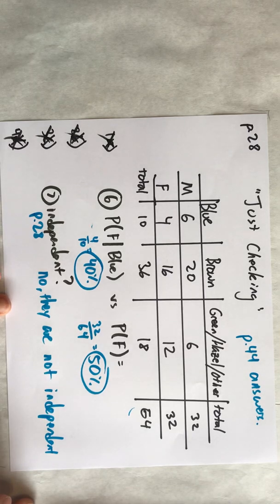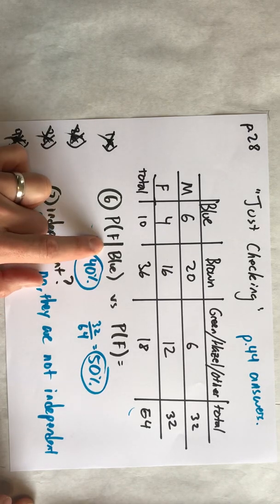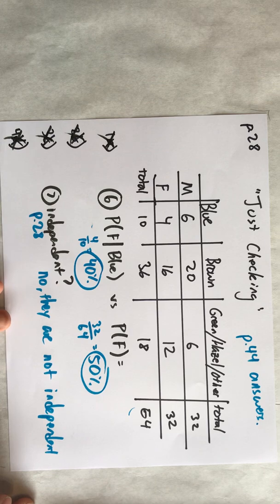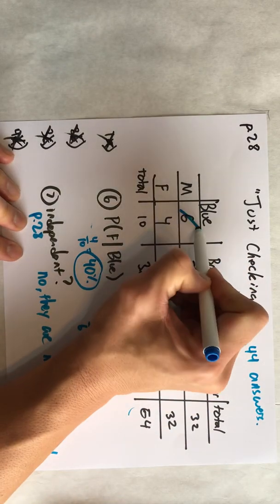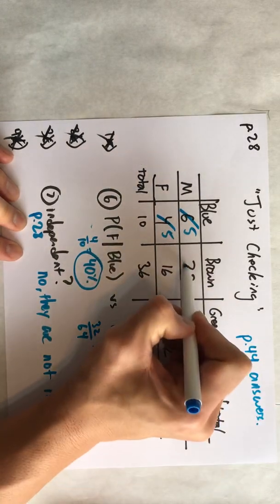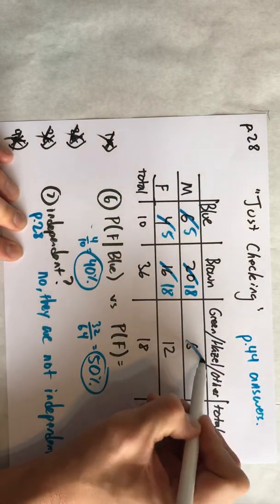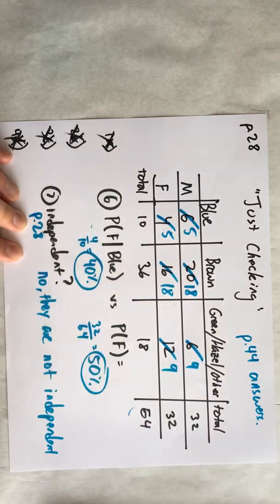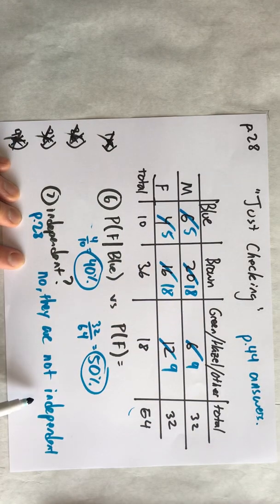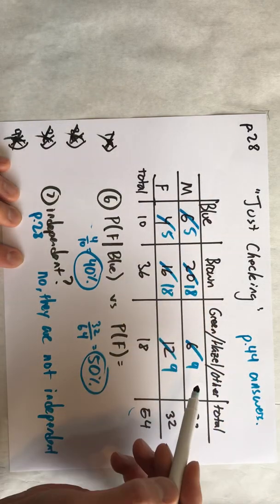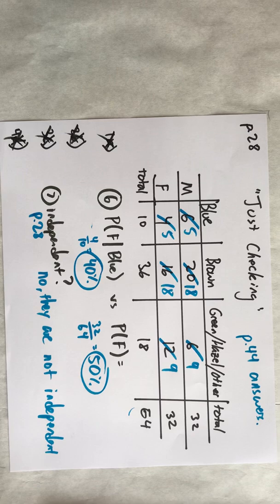Just like I mentioned earlier with this notation, this is going to come up more in chapter 14. This is kind of like a sneak peek, okay? A trailer, if you will. Read that definition over on page 28. Basically, if this was 5 and 5, and this was 18 and 18, and this was 9 and 9, then we would say, yes, they are independent. But since they're not, we would say, no, they're not independent.